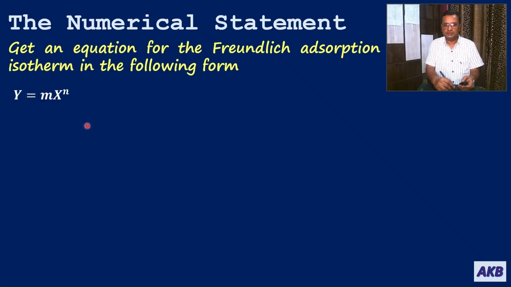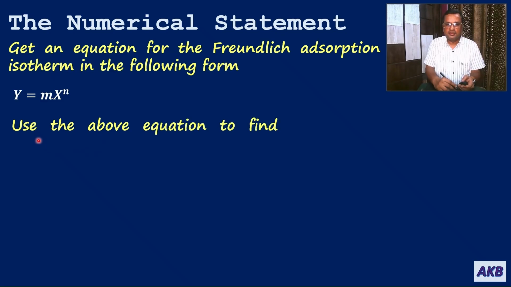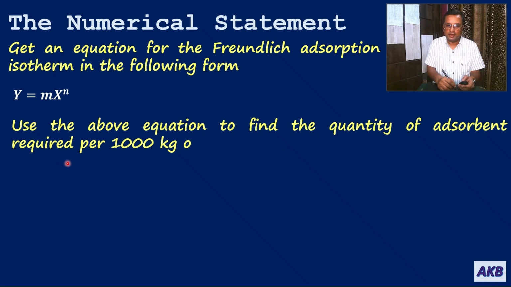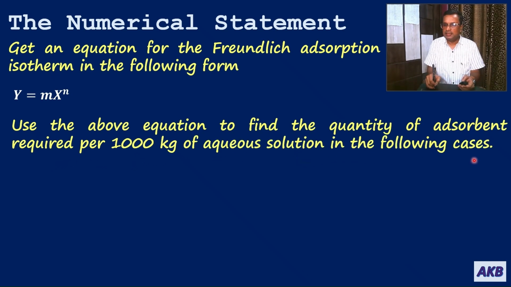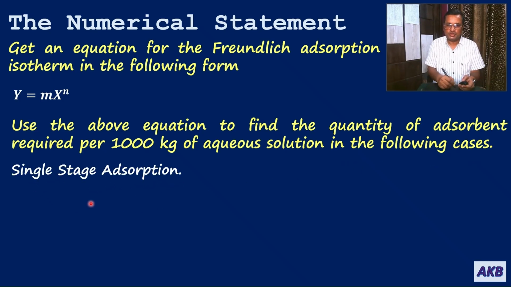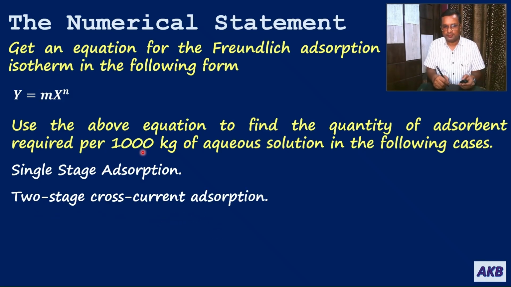This is the first task. And then the second task is, use the above equation to find the quantity of adsorbent required per 1000 kg of aqueous solution in the following cases: single stage adsorption and two stage cross current adsorption.